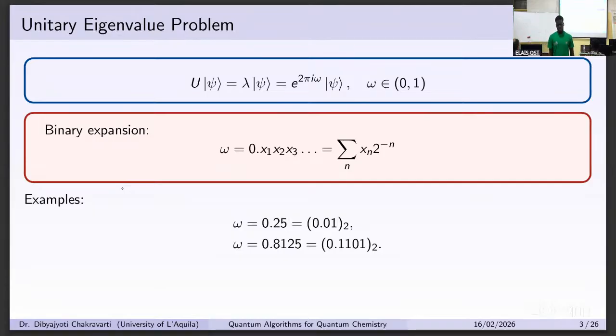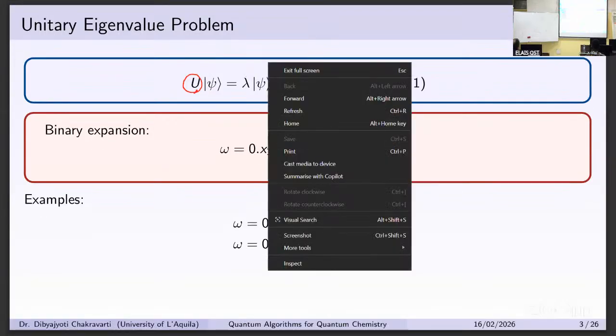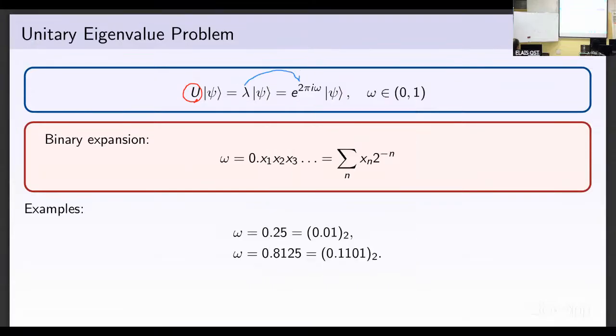So say we have a unitary operator U. This is our unitary operator whose eigenstate is psi, and the eigenvalue is lambda, and it can be equated to a form such as exponential of 2 pi i.